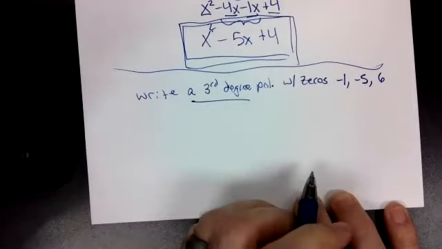So again, if -1, -5, and 6 are my zeros, then opposite of that, so x plus 1 is a factor, x plus 5 is a factor, and x minus 6 is a factor.